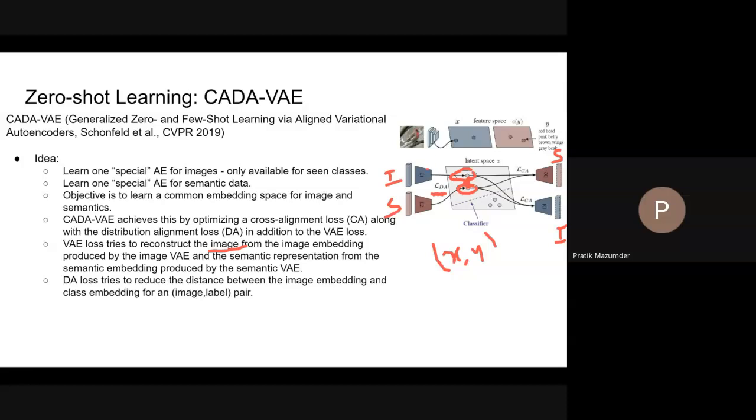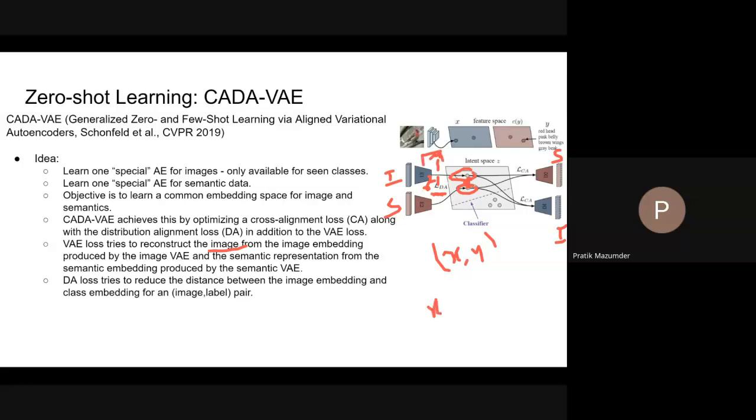And why do you call it distribution alignment? Because if you remember, for any VAE, even though we did not go into too much detail about a VAE, your encoder doesn't produce a single vector, but rather produces two vectors. One refers to the mu vector, or the mean, and the other is the variance. Okay. So you have two vectors which represent the distribution around a given input.